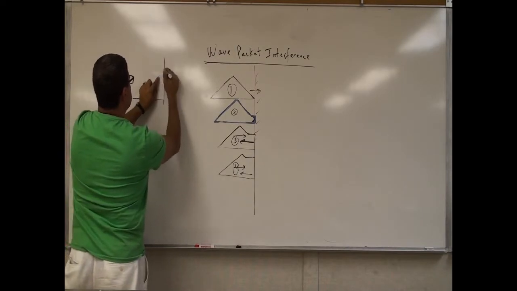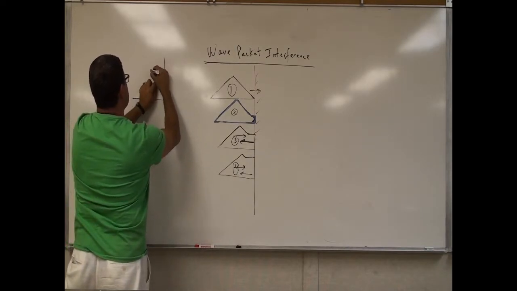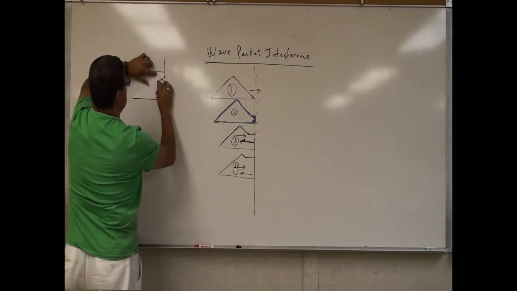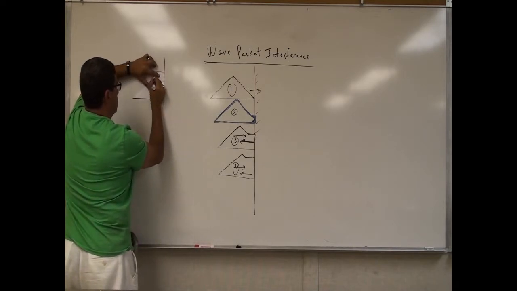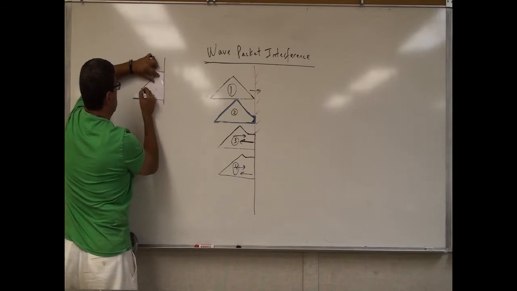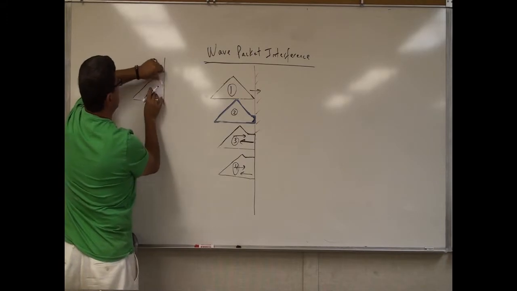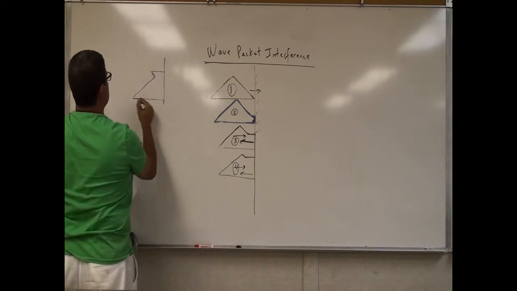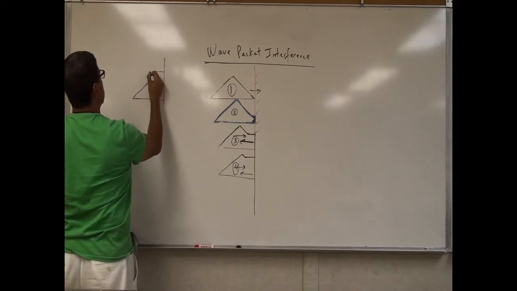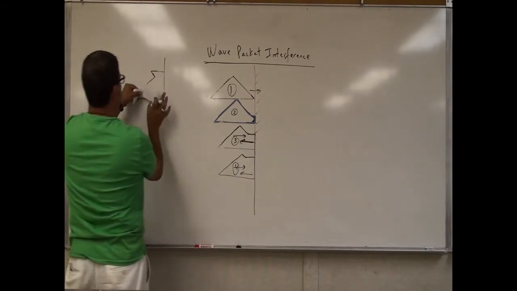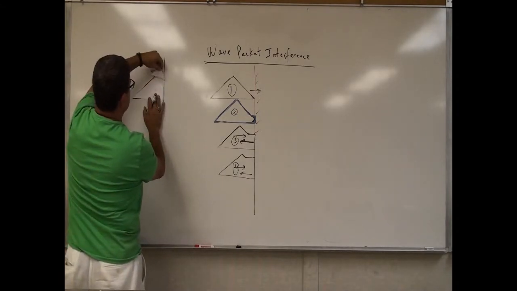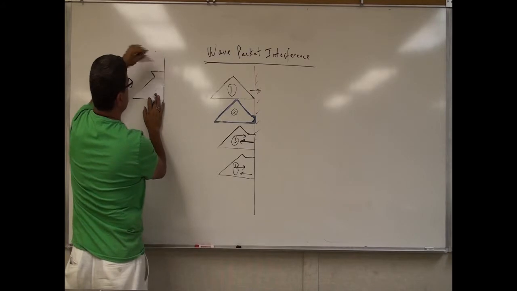And if you're not careful, you're going to think the wave goes like this. So it's going to look like the wave is going to go like this, then up, then like that, if you literally just go like this and then tape this to this. But this doesn't make sense.